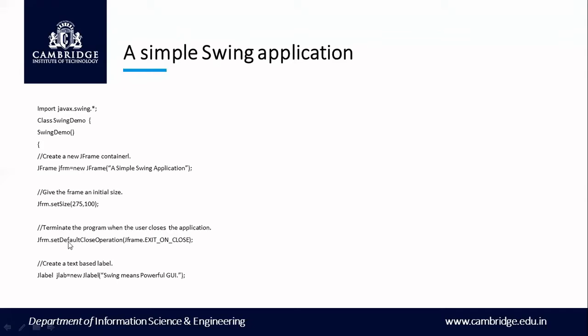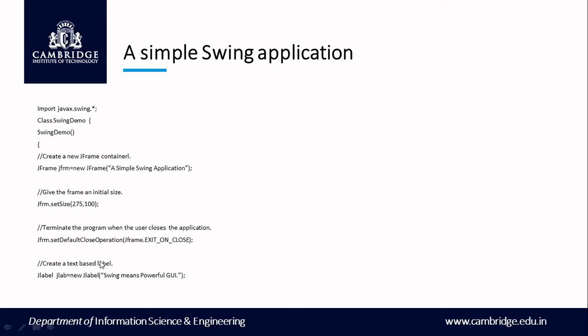What is the function? setDefaultCloseOperation. When the user exits the program, your container should be closed. JFrame dot EXIT_ON_CLOSE is an integer constant that we are using. Whenever this constant is used, when the user exits the application, the container also will be closed. Next, create a text based label.